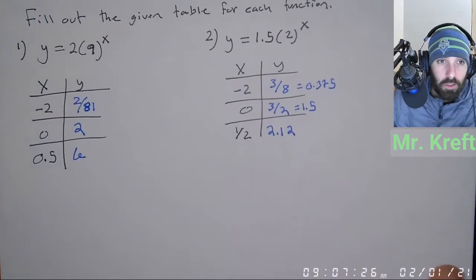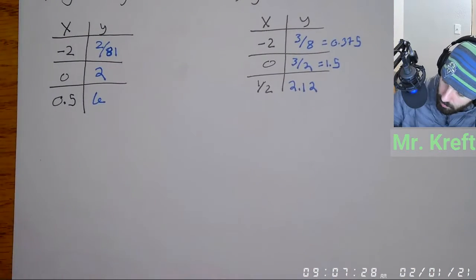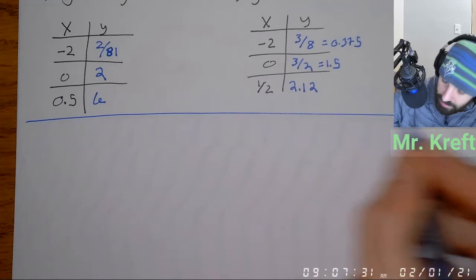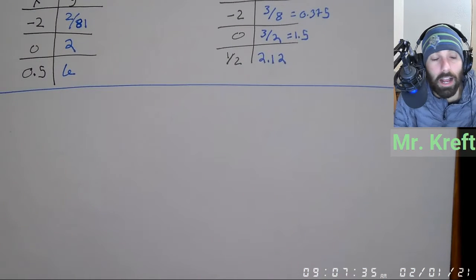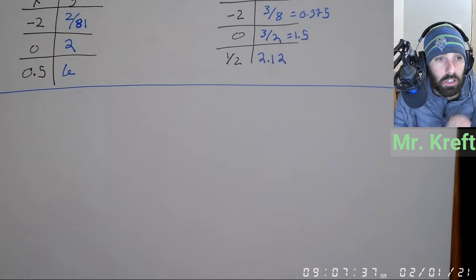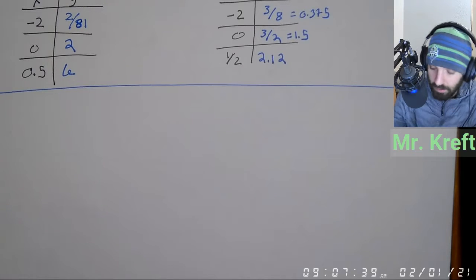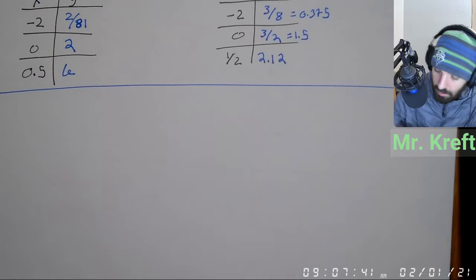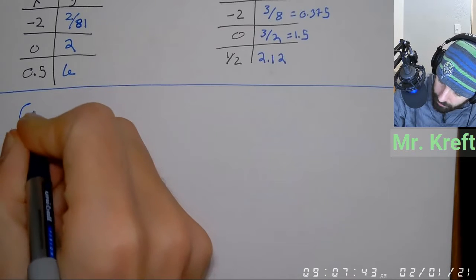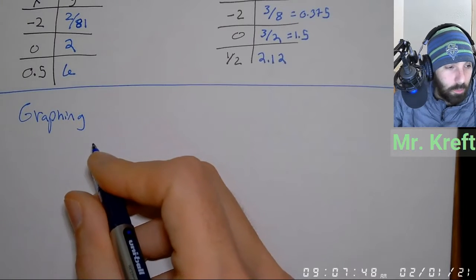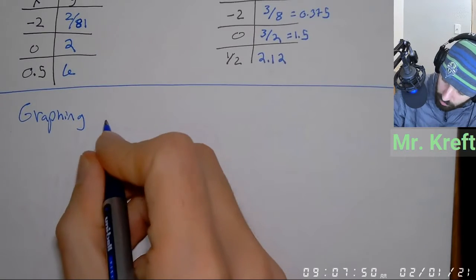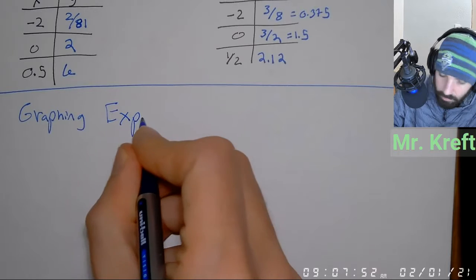All right. So let's go ahead and get started today. Today we're going to take a look at how to graph these, right? Now, we're going to need a different kind of calculator to do this. We're going to learn graphing exponential functions.